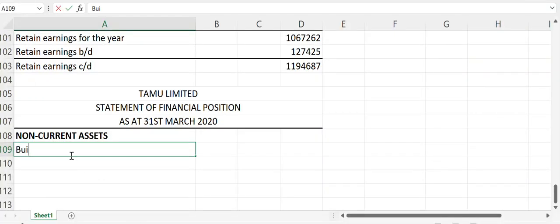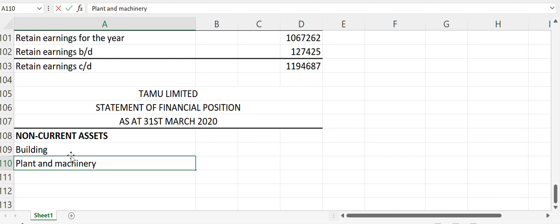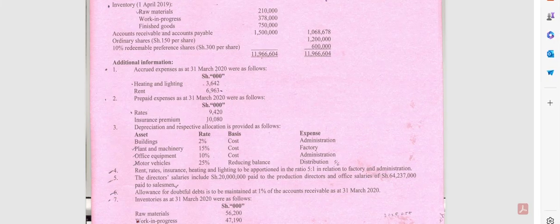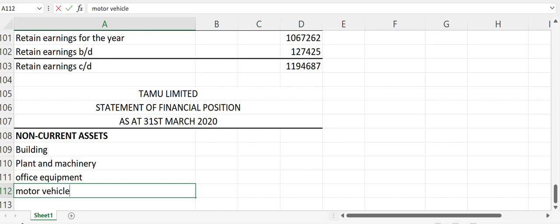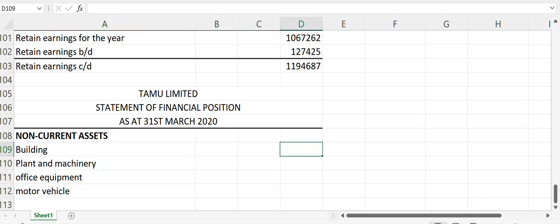So we have building, we have plant and machinery, we have office equipment, and we have motor vehicle.